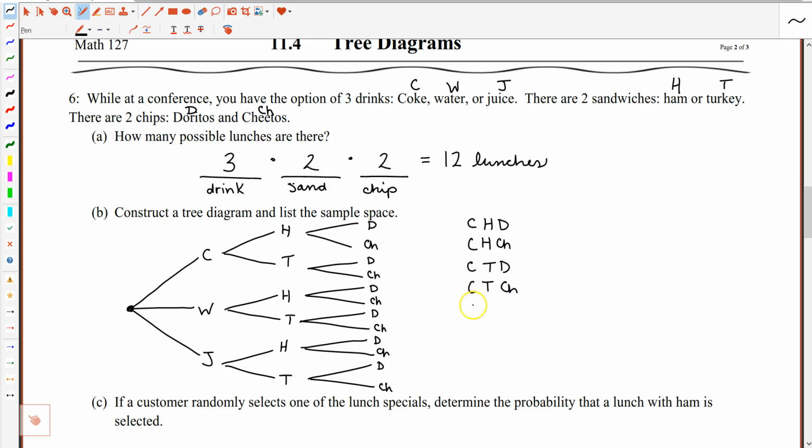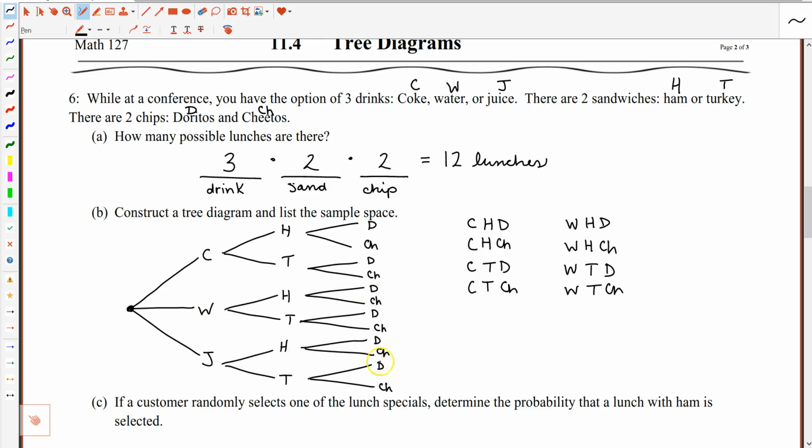Alright, coming down to the water choices. So these are going to look very similar, except instead of having a C in the front spot, I'm going to have a W. So I'll have W, H, D, water, ham, Doritos, water, ham, Cheetos, water, turkey, Doritos, and water, turkey, Cheetos. So then that accounts for this middle branching.